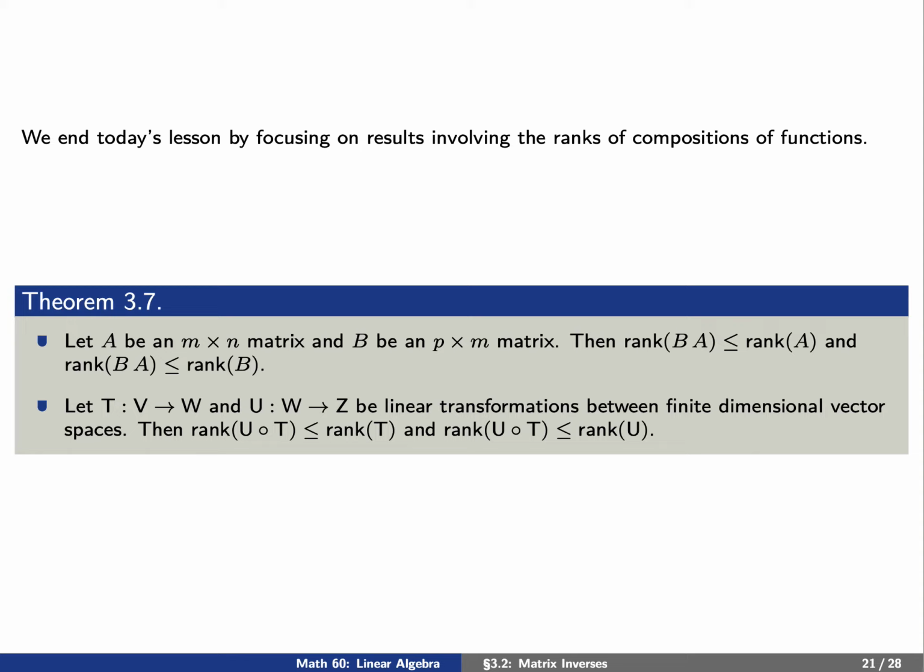Then we can multiply B times A, and the theorem states that the rank of the matrix B times A is less than or equal to the rank of A and the rank of B. Let's say that T and U are linear transformations. Then the rank of the composition U circle T is less than or equal to the rank of T and is less than or equal to the rank of U.